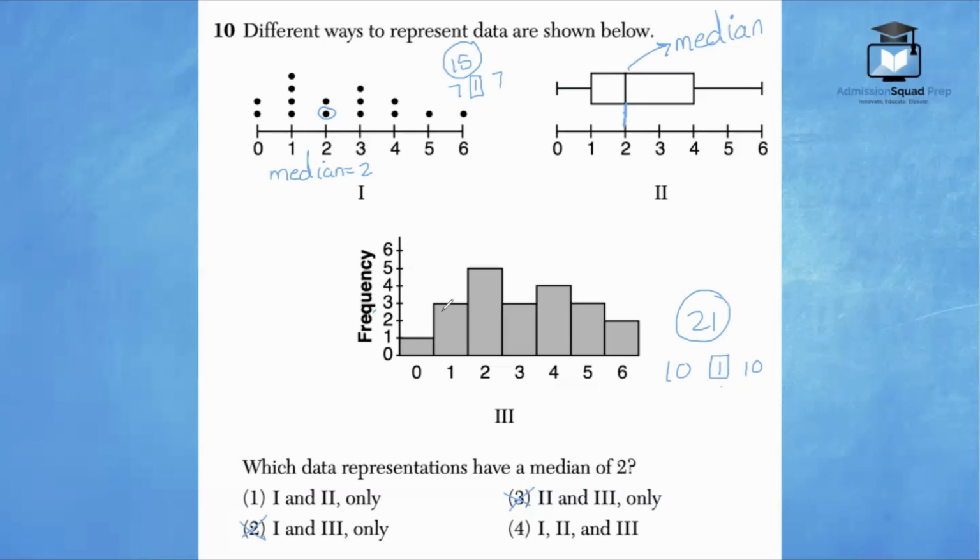We have 1, 2, 3, 4, 5, 6, 7, 8, 9, 10, 11. It's going to fall somewhere around here. So the median for this histogram is actually 3, not 2. So the correct answer is choice 1. The dot plot and the box and whisker plot both have a median of 2.